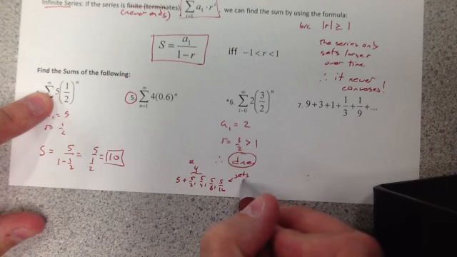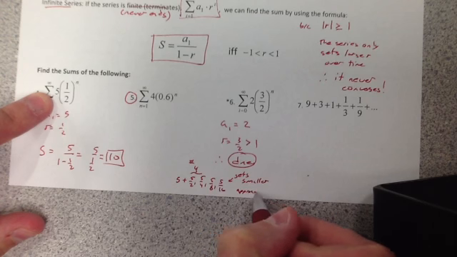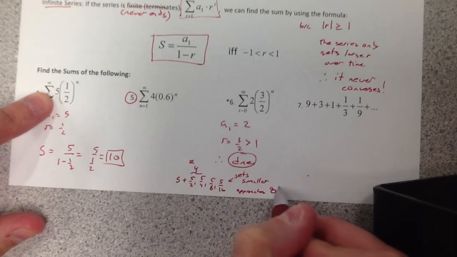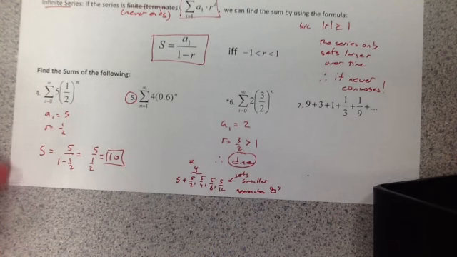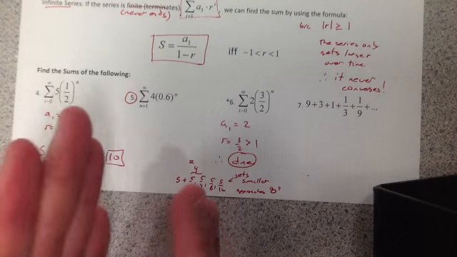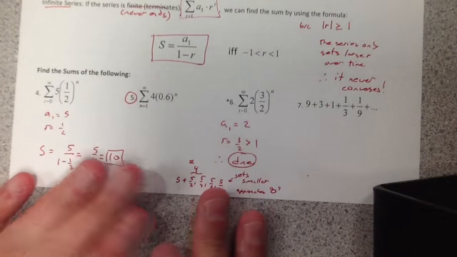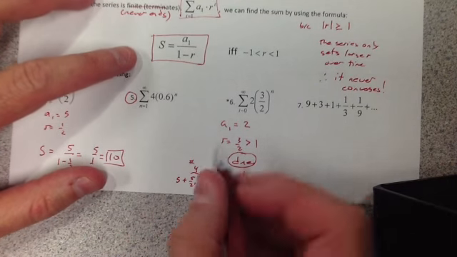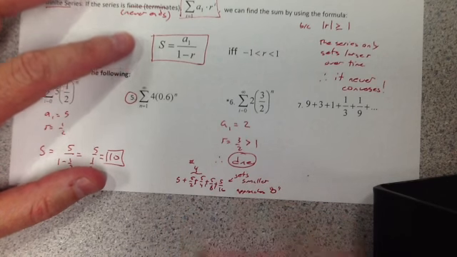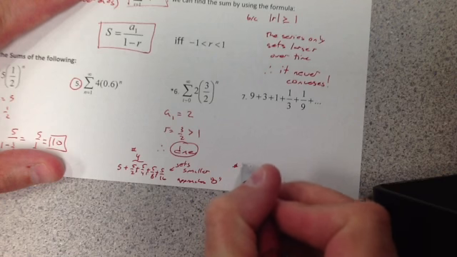As a matter of fact, we say it approaches 0. So my final term is basically 0, so at the very end we're just having 0 plus 0 plus 0. So it will end eventually. Its sum will terminate.